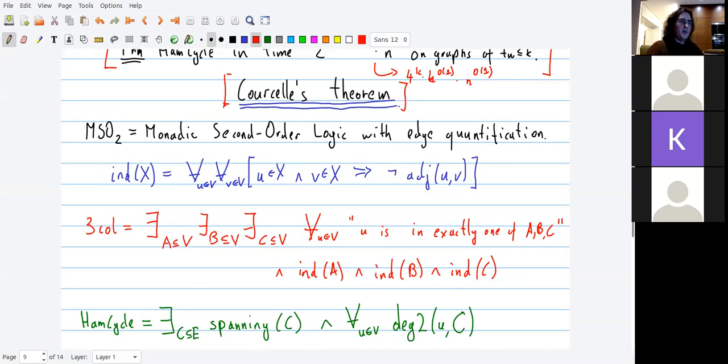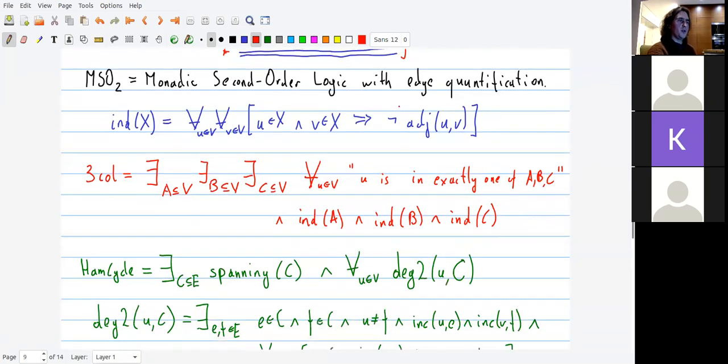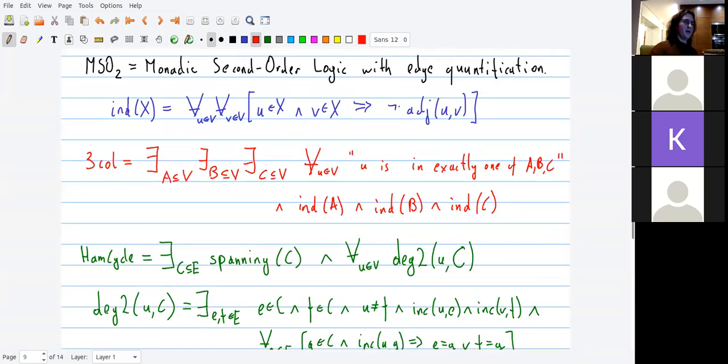I define what is a partial solution, I define what is the interaction with the back and so on, and I just do dynamic programming and give a recursive formula. So there is an automatic way of deriving such an algorithm through expressibility in MSO2, which is the monadic second order logic on graphs with edge quantification.